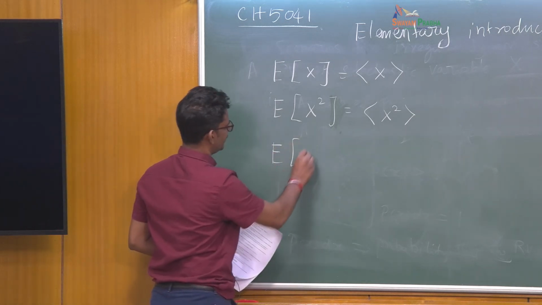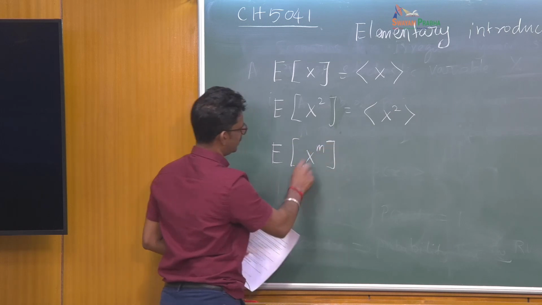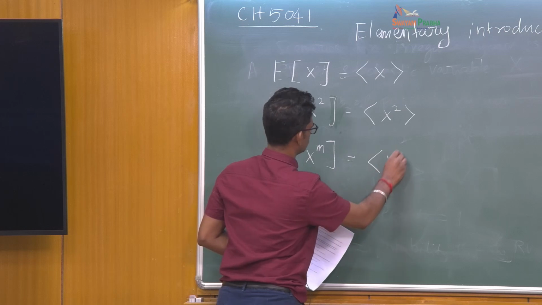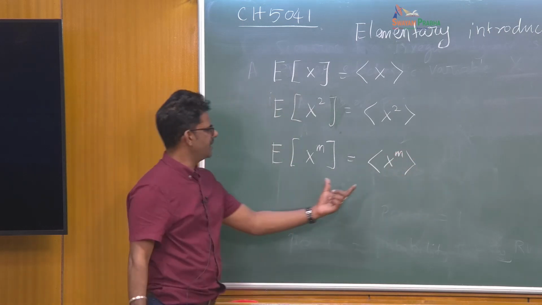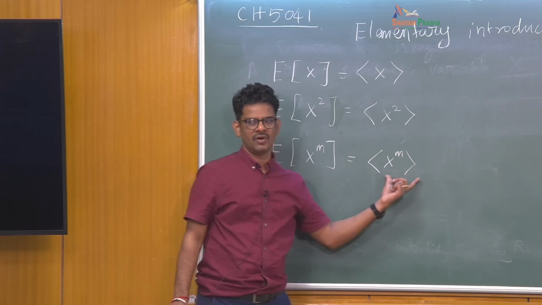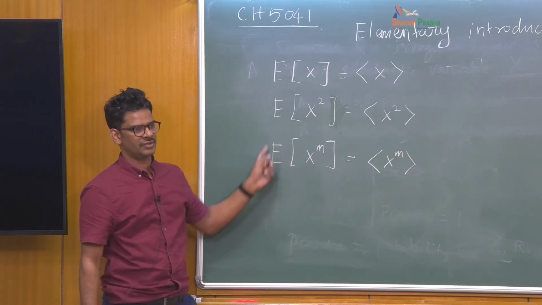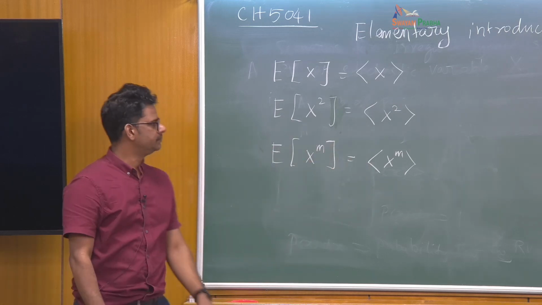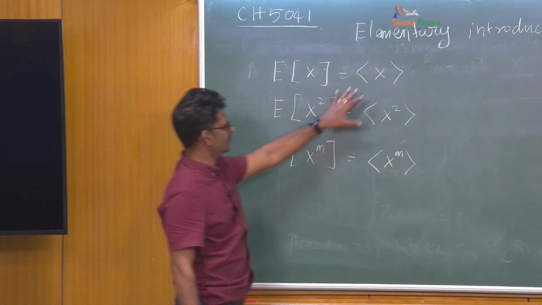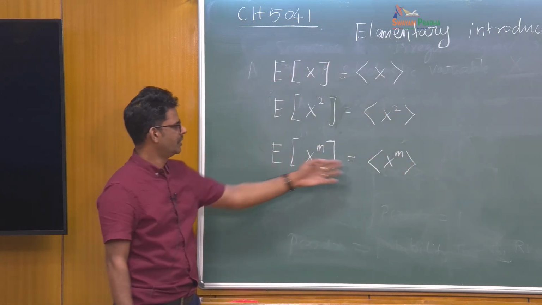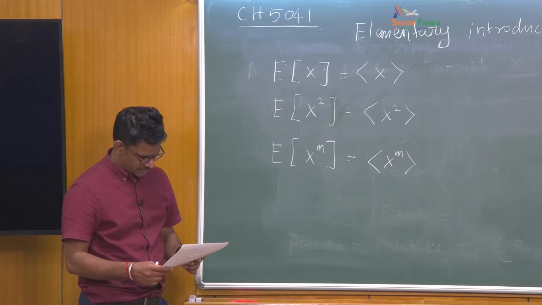Or you can generally write the expectation of the mth moment simply like this, okay. So you can see we either use this angular bracket to denote the mean value or the letter E to represent an expectation value, okay. So we can use them interchangeably, because some books use this notation and others use that, okay. So we should be aware of the different ways of writing this expression.